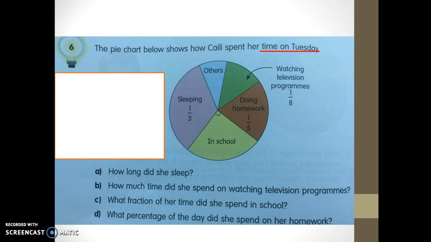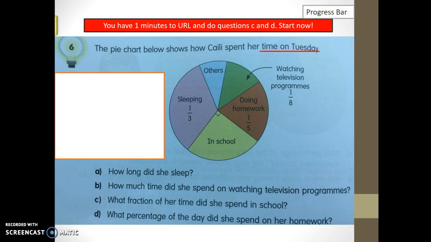Okay, you have enough time to do it. Let's start. Show your ready signal if you are done.